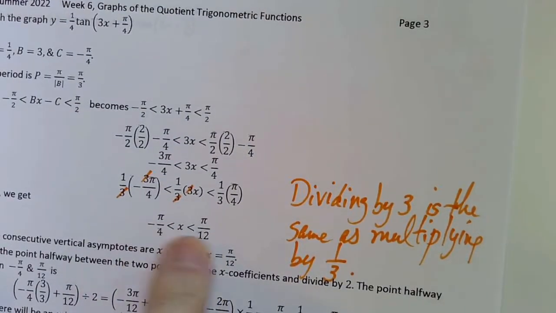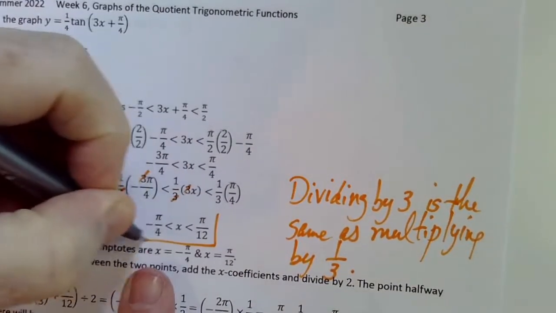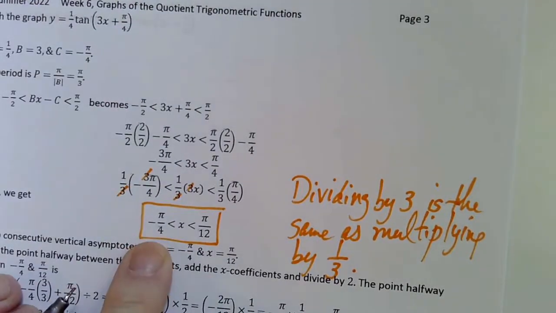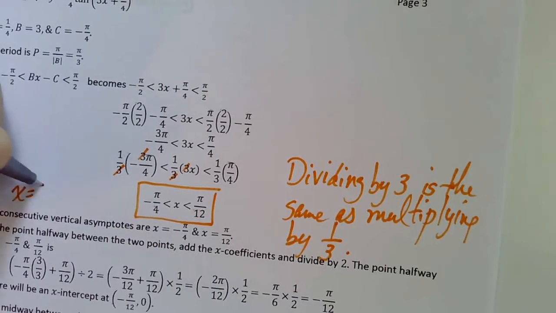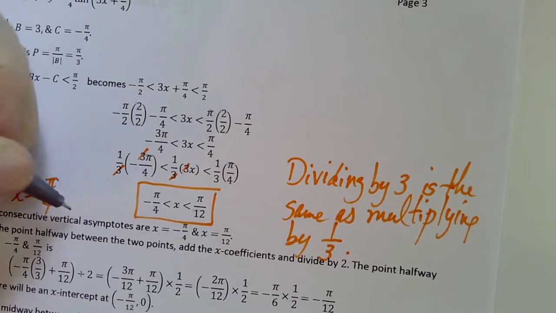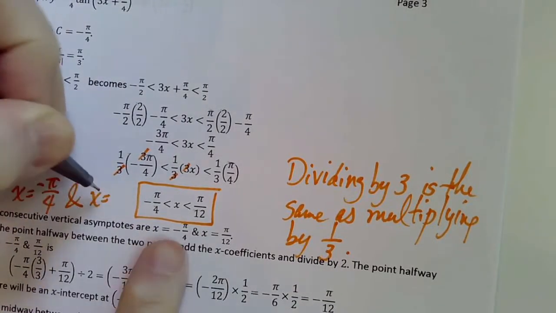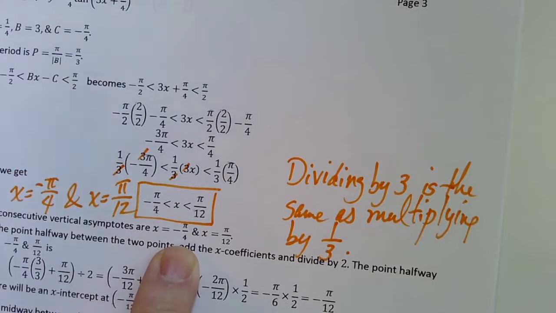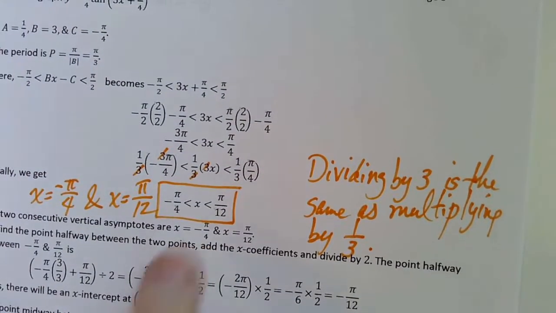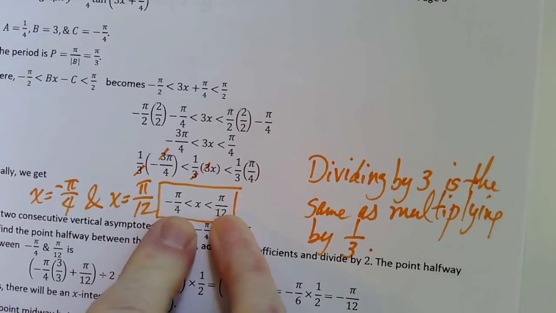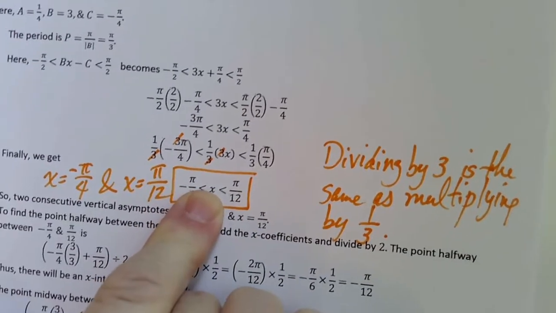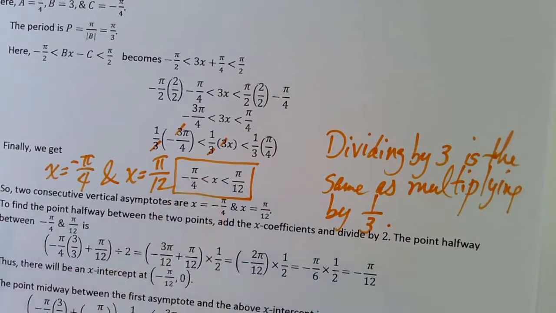That means for this tangent function, the vertical asymptotes are at x equals negative pi over 4 and at x equals pi over 12. So these values to the left and right of x, when we have this inequality and x is alone, are the vertical asymptotes.